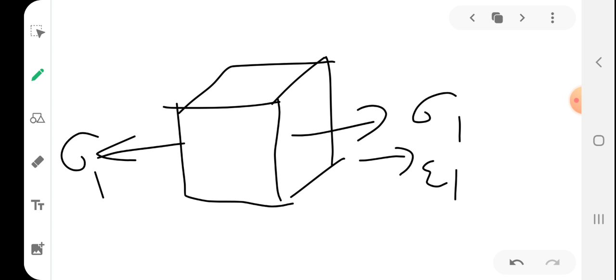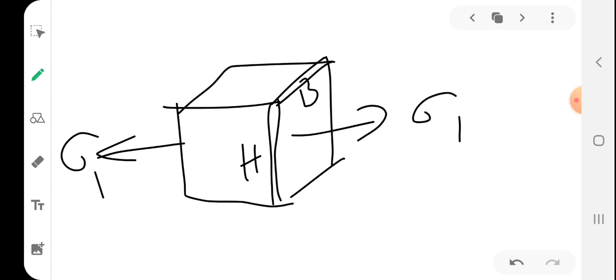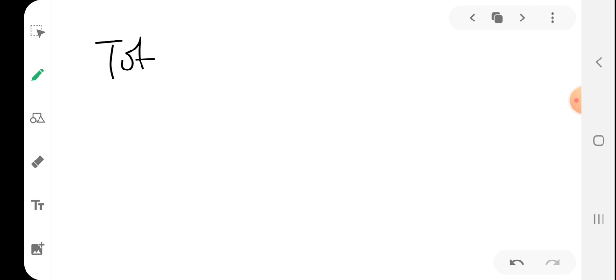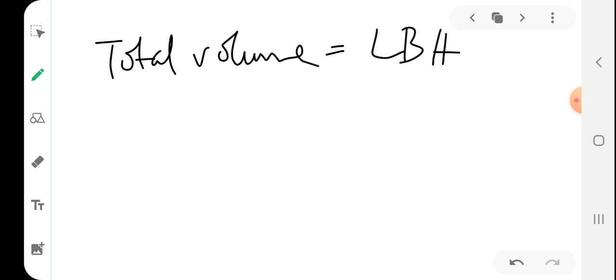If this length is l, this breadth is b, and this height is h, the total volume will be V equal to lbh.